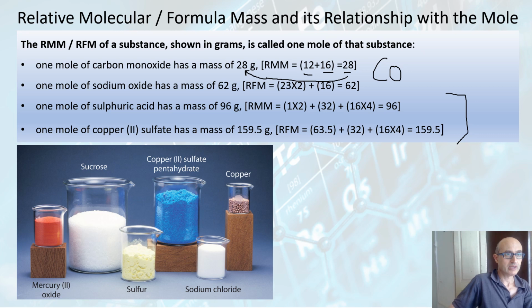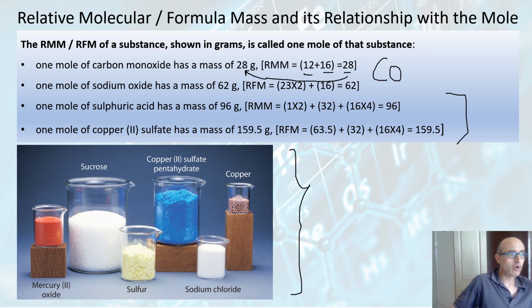Once again, when you look at the diagram over here, the picture, it's really emphasizing just how small and tiny atoms are. A mole, which is a huge number, okay, a mole of any substance, really, is a very, very small amount of substance.